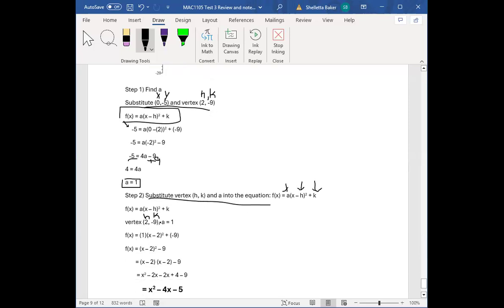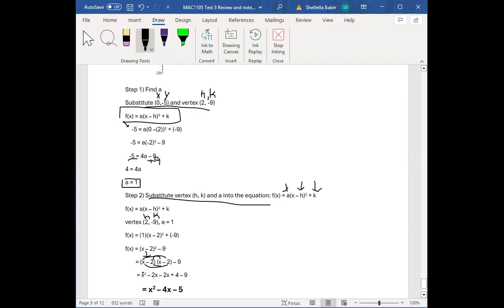All right, we simplify here. Our a is 1, so for a, we substitute 1. And our h is positive 2. Our k is negative 9. And we simplify. So we have x minus 2 squared minus 9. We need to simplify this binomial expression. For x minus 2 squared, we expand x minus 2 times x minus 2, and then we distribute. You want to multiply each of those terms times each other.